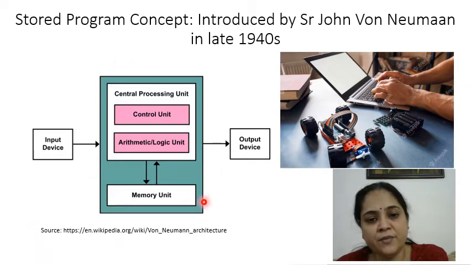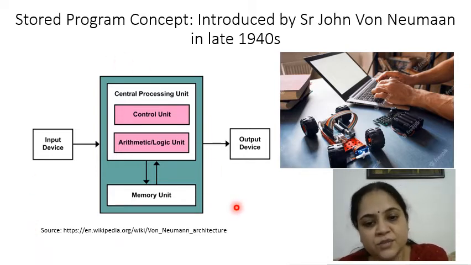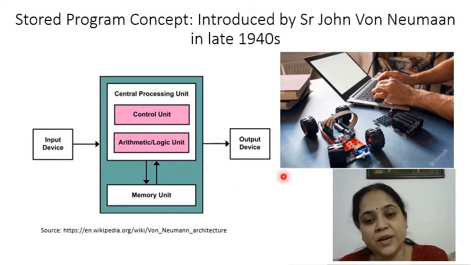Just understand from an illustration that this video is being recorded. When I am recording this video, my voice is being captured. My video is being captured. So the microphone and webcam are both acting as input devices. That video is being displayed on the screen. So the screen is acting as an output device for me.